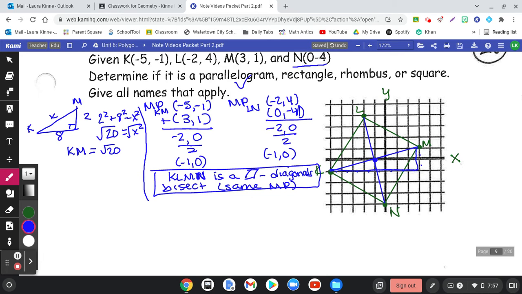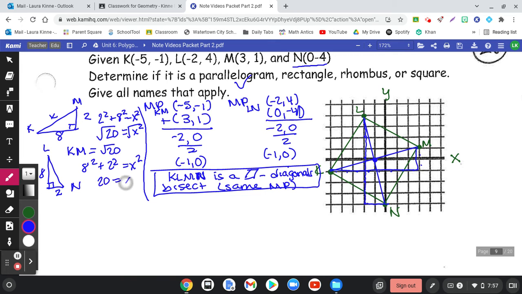Now we'll do LN, which is going to be kind of a tall, thin rectangle right here. This will help with our slope too. We're going down 2, 4, 6, 8 over 2. I'm just going to label it. So when I do that, 8 squared plus 2 squared equals x squared.